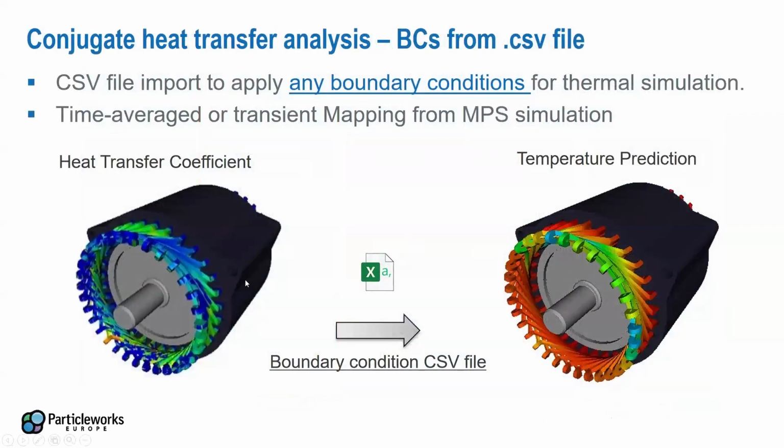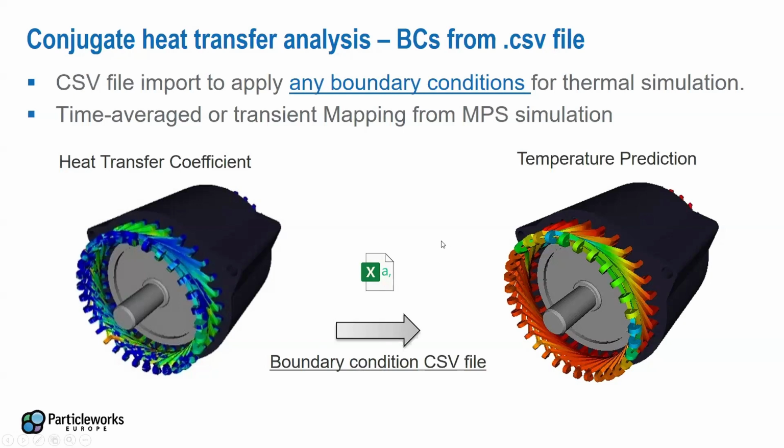So let me give you an example here. We have on the left the map of the heat transfer coefficient of oil on the end windings of this e-motor. Basically, we can transfer this HTC, so the cooling of oil, with the CSV boundary condition to the thermal model of Particleworks to predict temperatures in the windings.